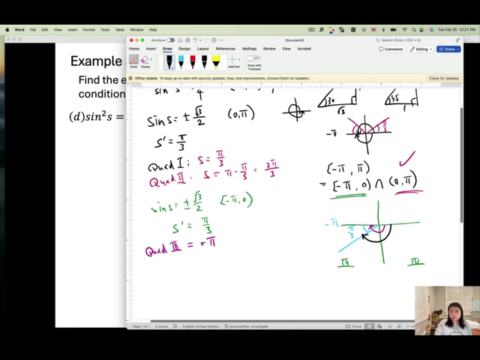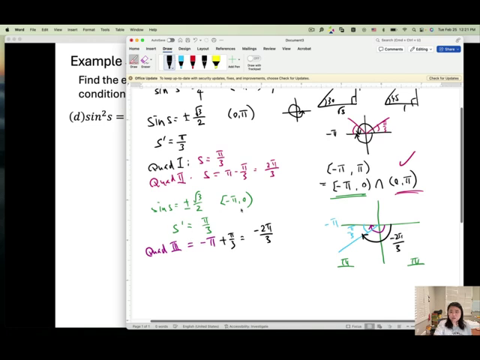So for quadrant 3, we have negative pi plus pi over 3. So you should get negative 2 pi over 3. Talking about the black one here, this is negative 2 pi over 3.